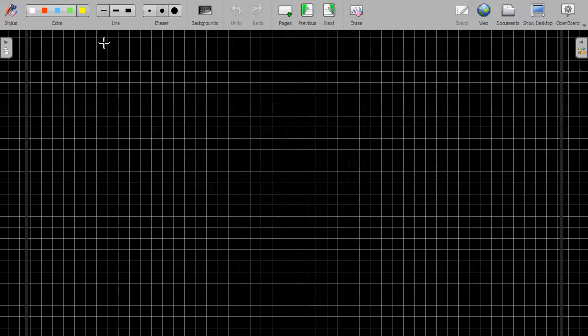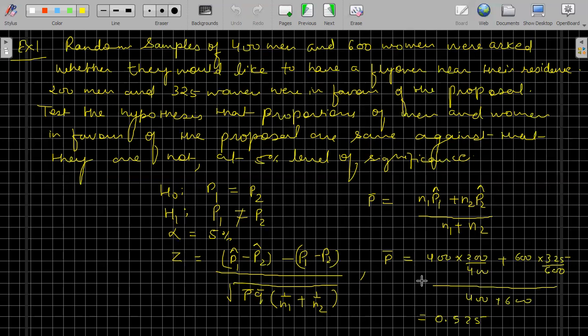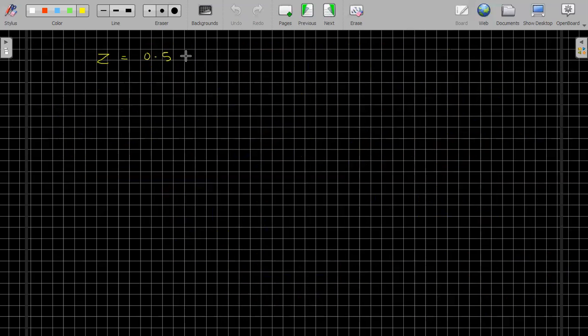So we calculate Z now, which is 0.5. How did 0.5 come? This is the difference of P1 cap and P2 cap. P1 cap is 200 divided by 400 and P2 cap is 325 divided by 600, that is 0.541.